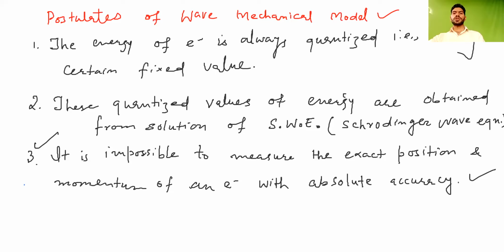So the next postulate is regarding the atomic orbital. So I will write it here. That is atomic orbital. It actually describes, okay, write it down, that atomic orbital is described by wave function psi, right?